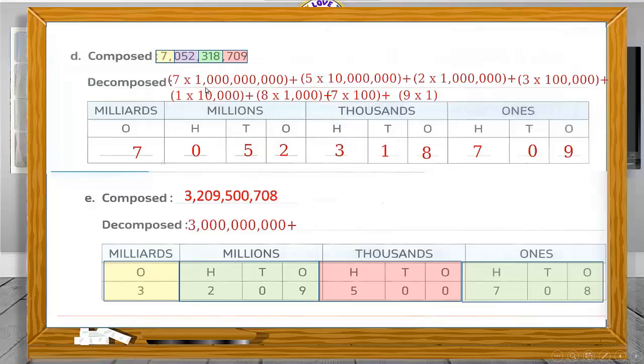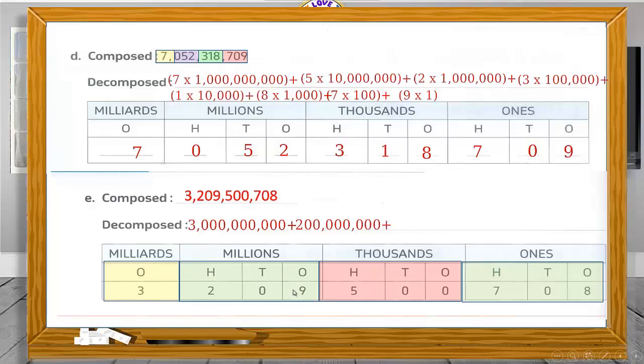You can write the number in expanded form, and you can write here 3 times 1 million. Solve with any way from them, because we said we have 2 ways to write or to decompose any number. 3 million. Next place we have 2 in 100 million, so write 200 million.